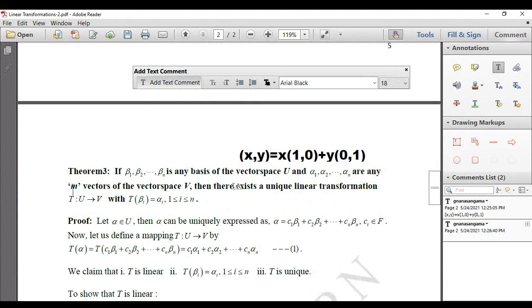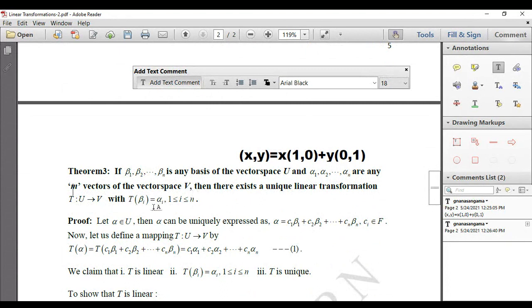Then we have to show that there exists a unique linear transformation. There exists only one linear transformation T from U to V such that the image of beta i is equal to alpha i, for V. In fact, these alpha i form the basis of V, right?